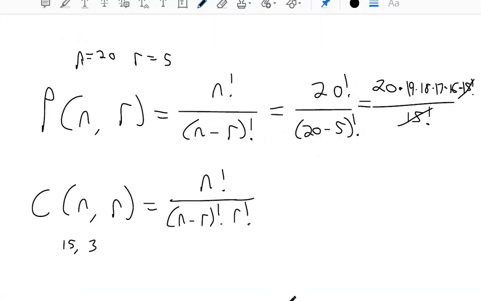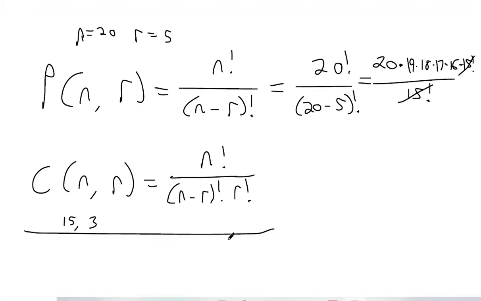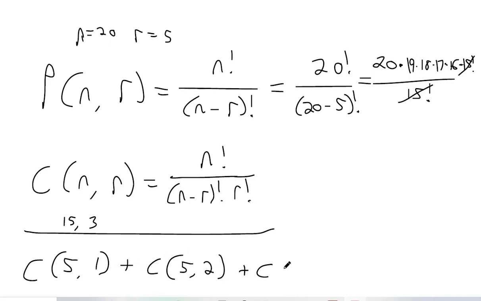They told us the order doesn't matter, so that hints at combination. We have 5 variables we're picking from. How many groups can we make of size 1? You want to add that to how many groups you can make that have 2 variables in them. And then how many groups can you make that have 3 variables in them? x1, x2, x3, or maybe x1, x2, x4, or x1, x2, x5.